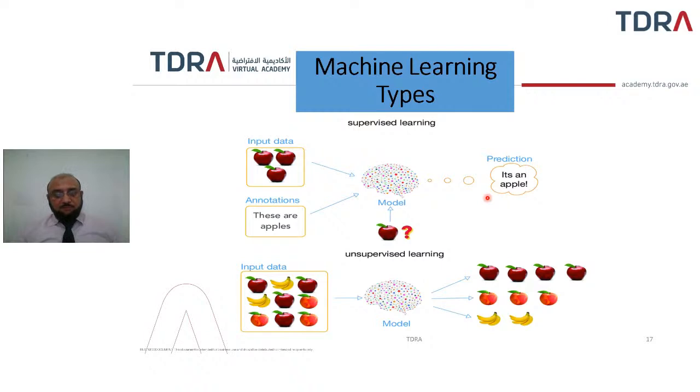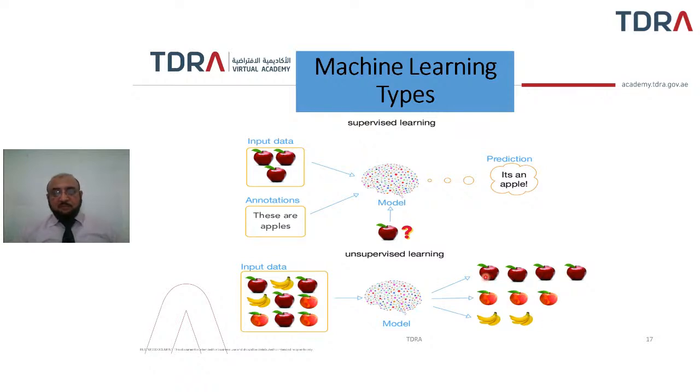Then this model will predict on the basis of the previous data, analyzing the data and comparing the features, and it will give the result whether it is an apple or not, or any other fruit. Unsupervised learning is when we input the data, we don't tell the model about this data. We are not giving any label to this data. Based on the features of the input data, the model will predict itself whether the input data belong to some specified category.